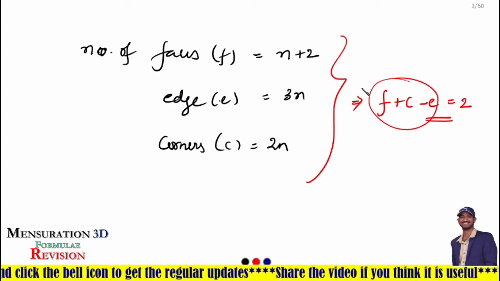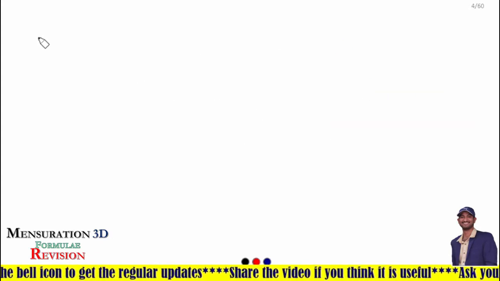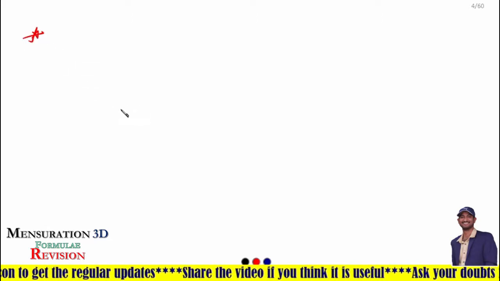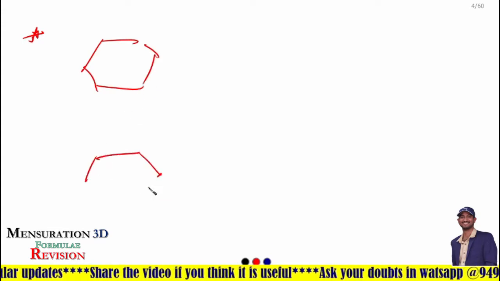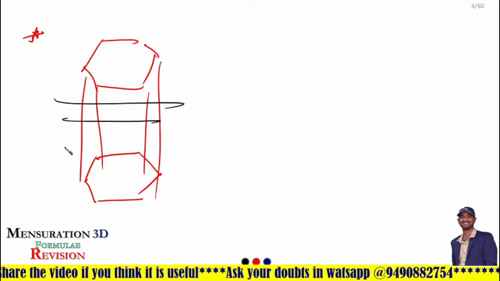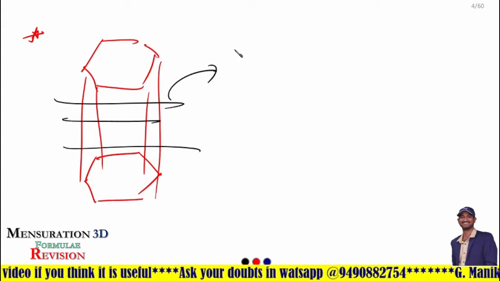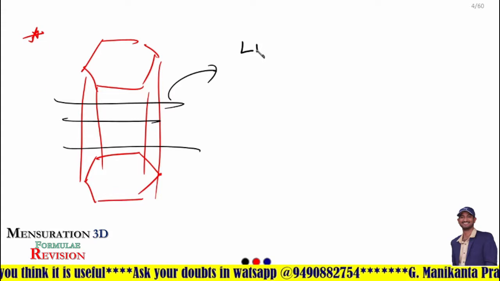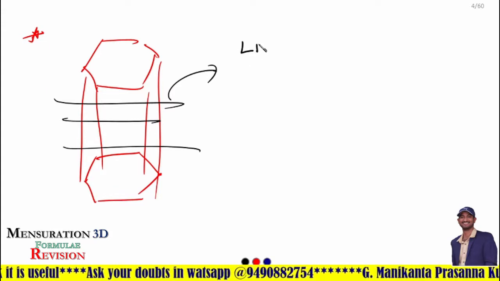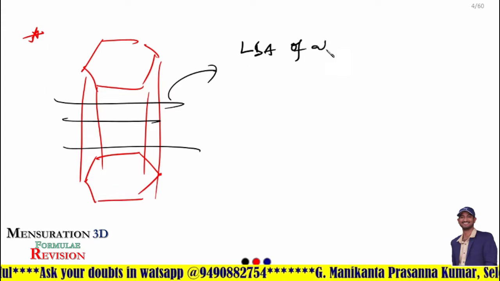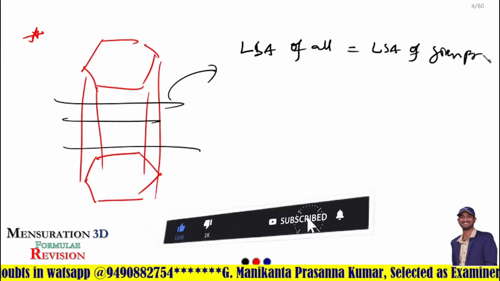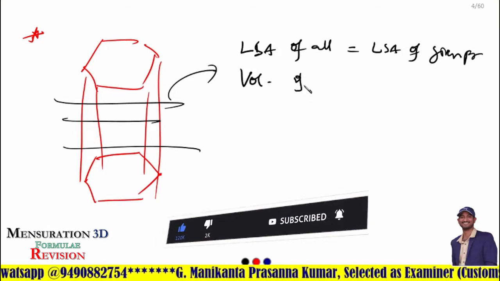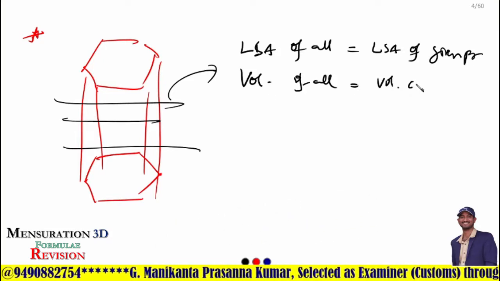Among the important things in prisms, first is cutting of a prism. If a prism is cut horizontally, then the lateral surface area of all parts is equal to the lateral surface area of the given prism, and the volume of all parts is equal to the volume of the given prism.